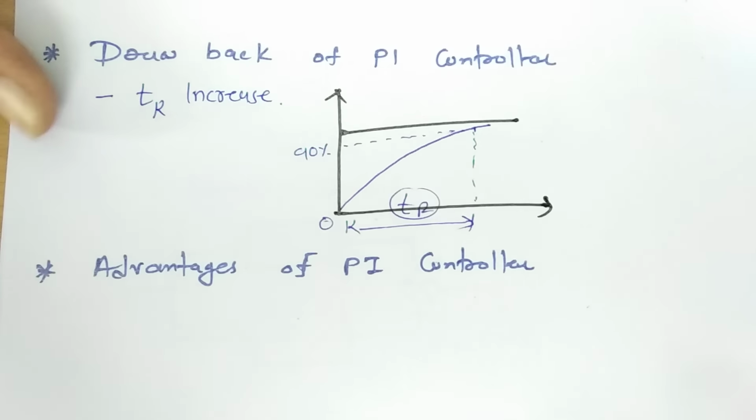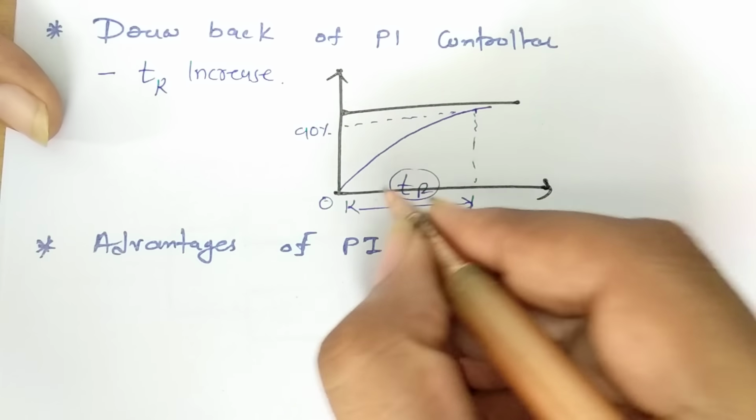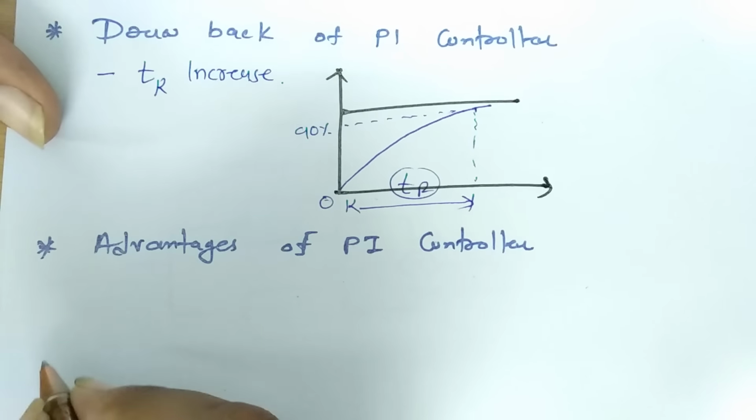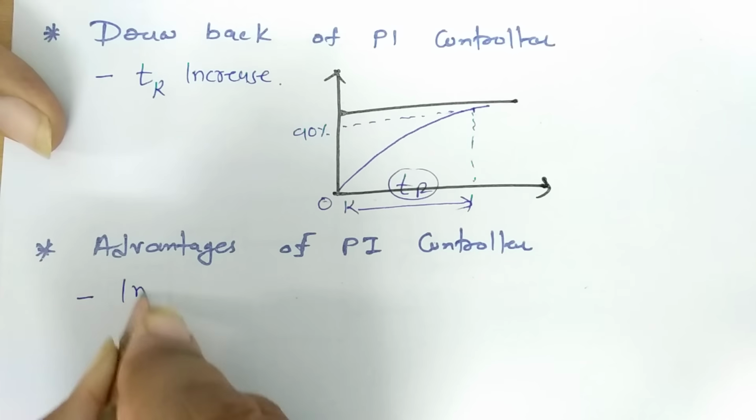Now what are the advantages? If we see advantages, because of slower increase in output with respect to time, there are several advantages. One advantage is improved damping.